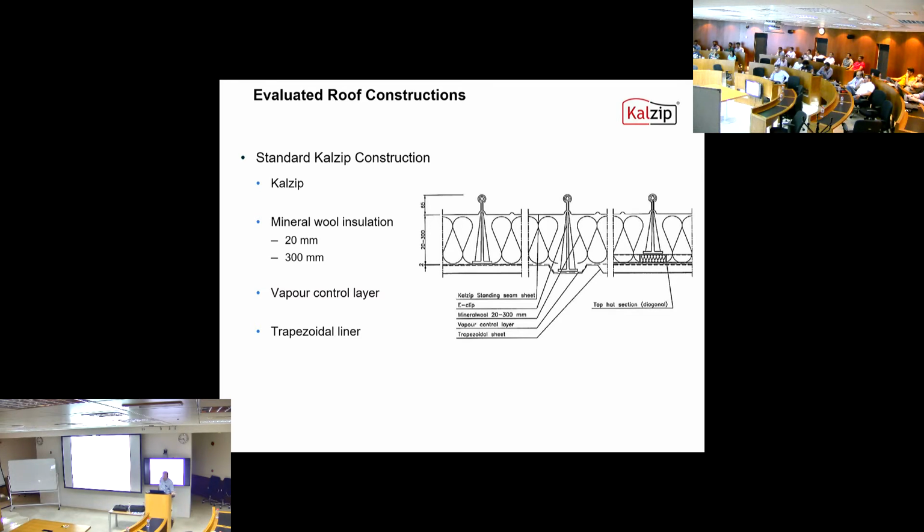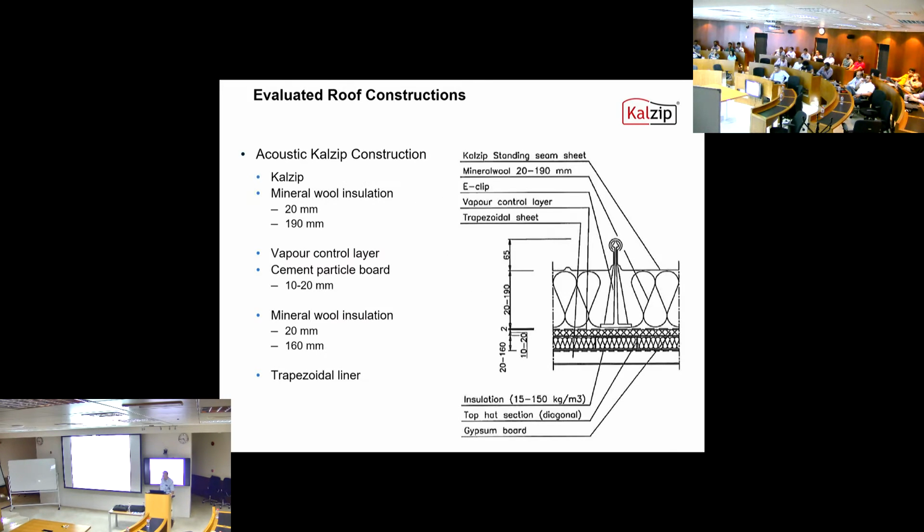So we looked at a standard construction, different levels of insulation, vapour control layer, trapezoidal liner. We also looked at an acoustic construction with the acoustic slab, vapour control layers, different levels of thermal insulation from 20mm to 160mm. This is with an E-clip.